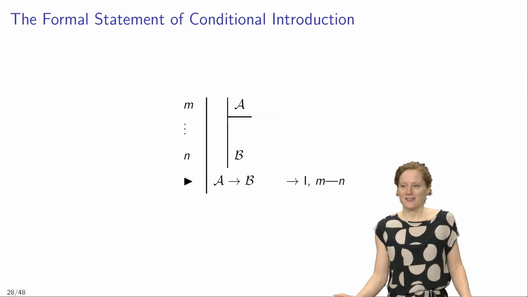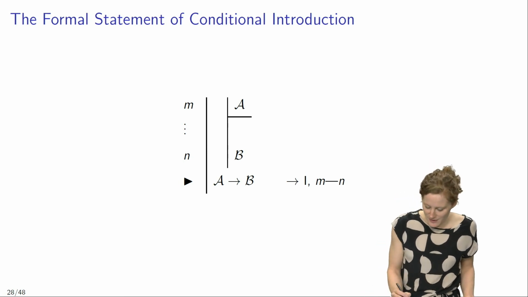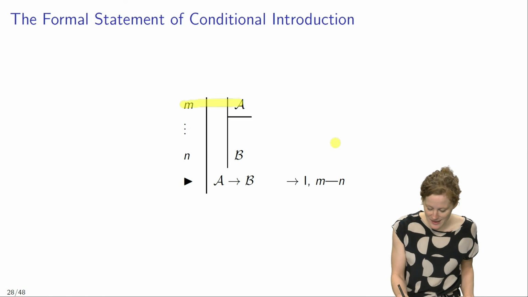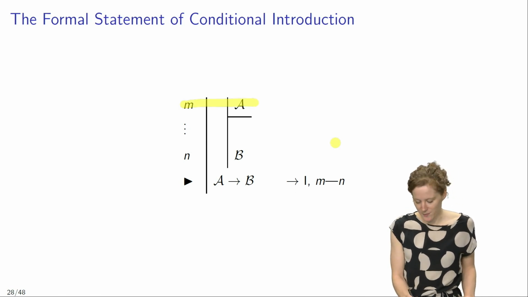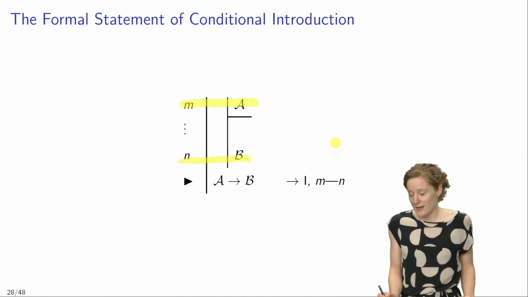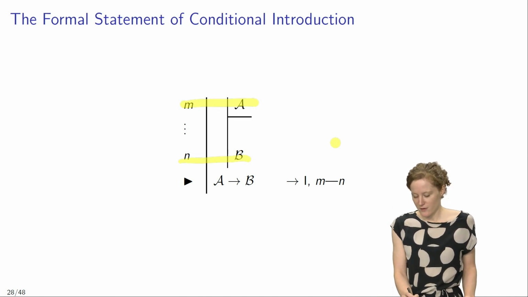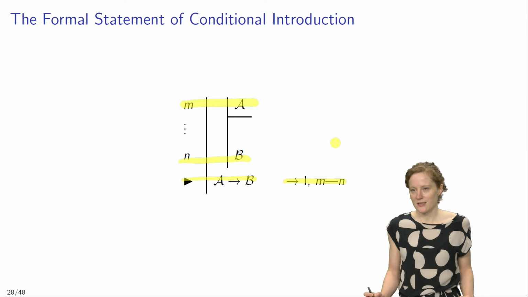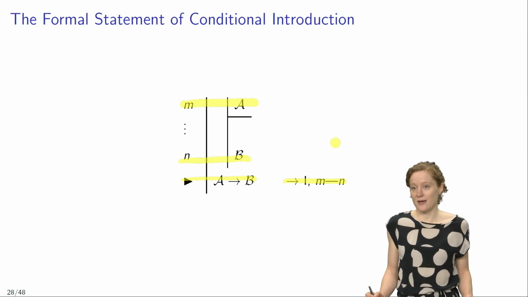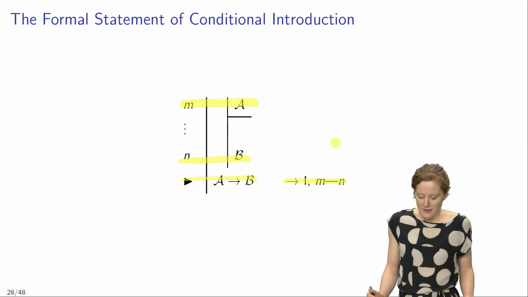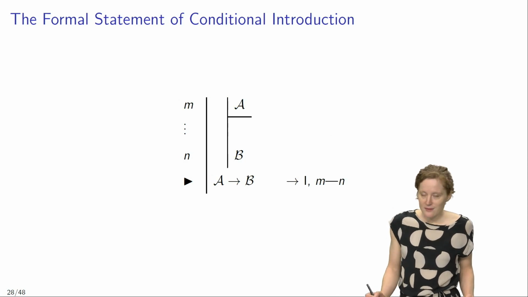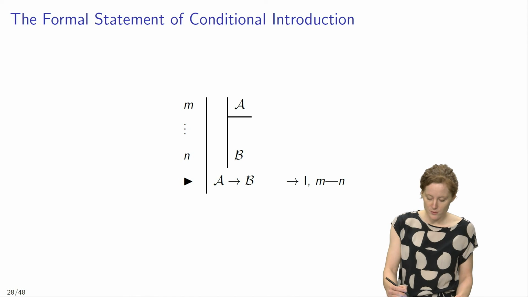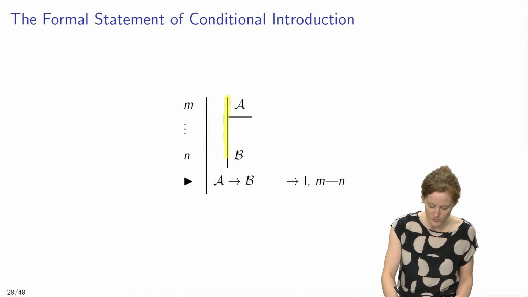Formally speaking, conditional introduction looks like this. If under the supposition that A, you can infer B, then you are licensed to infer the conditional if A then B and justify this inference by citing the rule conditional introduction as applied to lines M to N. Now, in this statement of the rule, you will notice the use of a subproof.